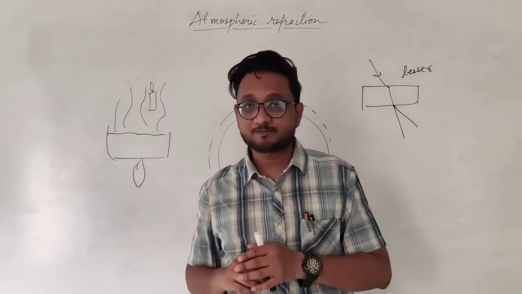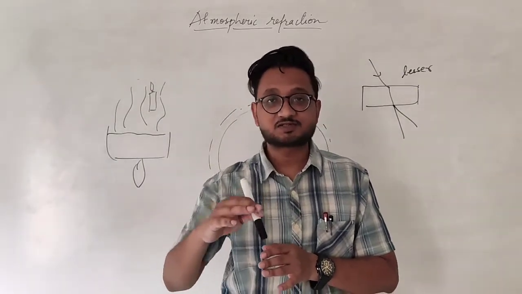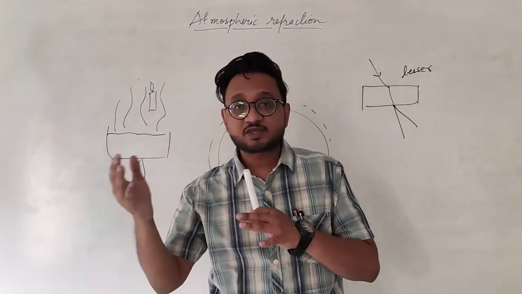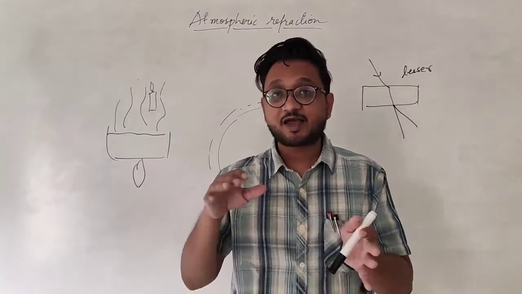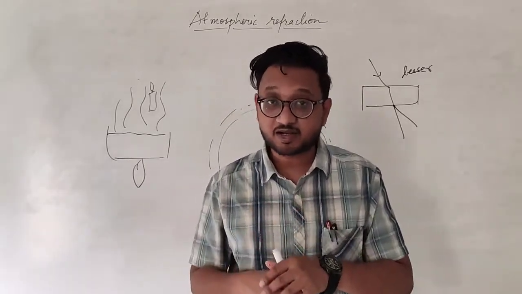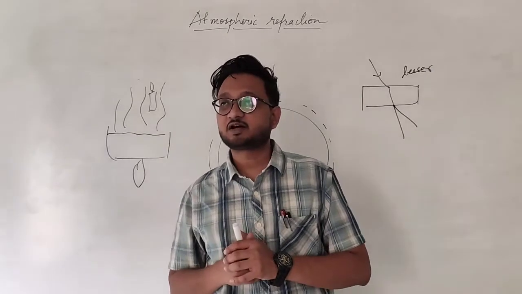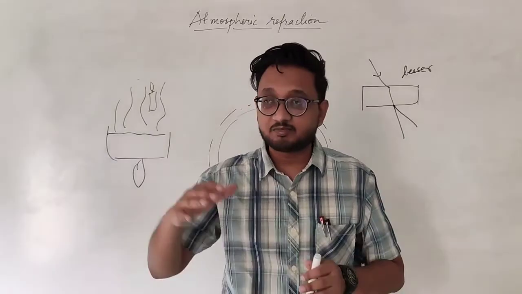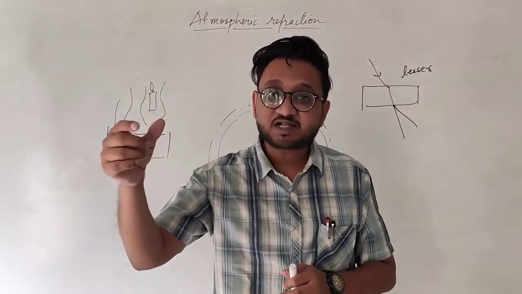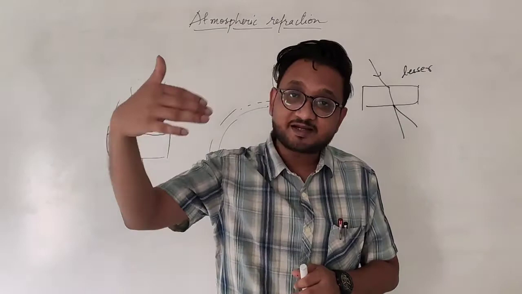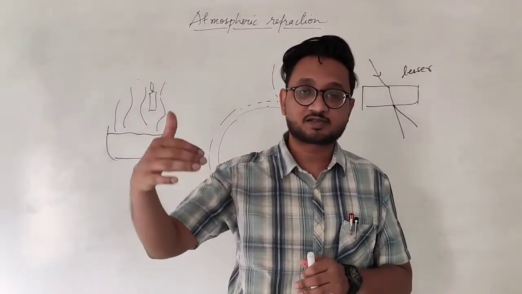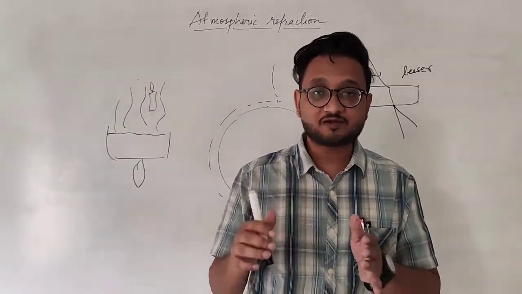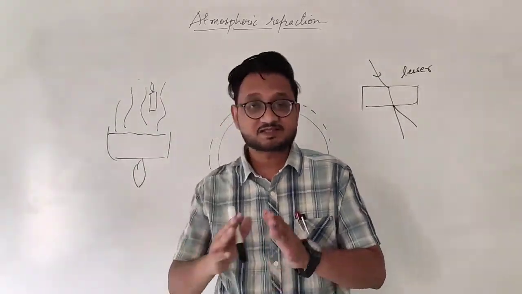I repeat once again, because of the pressure variations of the heat energy and the density variations, the lesser and the denser mediums are created and changes happen again and again. We studied a term called refractive index, that is the change in the medium, and because of this pressure variation the refractive index changes, and therefore the light changes its direction again and again. The refractive index is changing because the region around the particular area where the heat energy is generated is not constant.